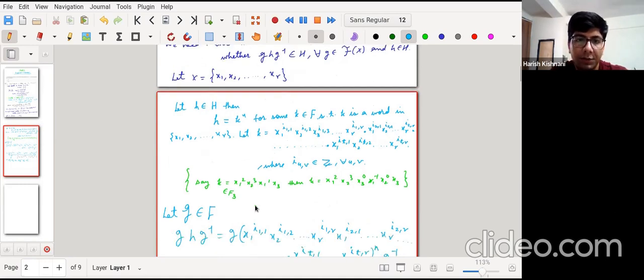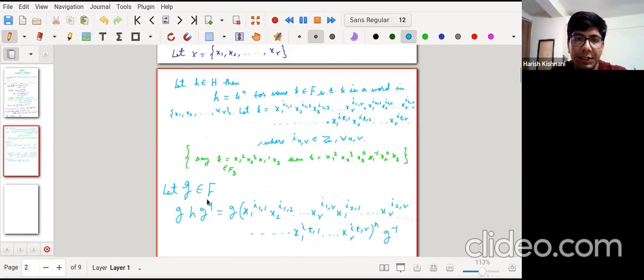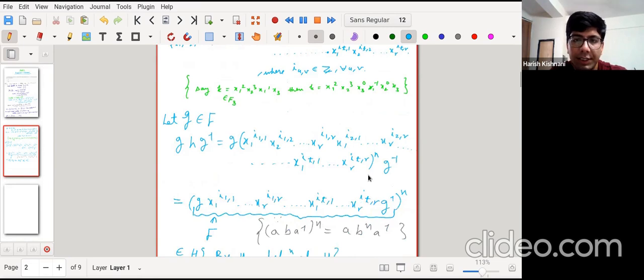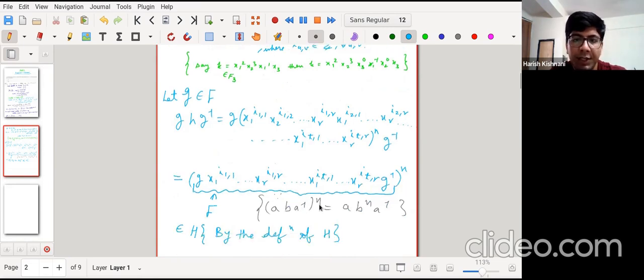Now for g belonging to F, g h g inverse is just g k^n g inverse, and by our assumption on k, you can take your g and g inverse inside, because a b a inverse raised to n is a b^n a inverse in any group.